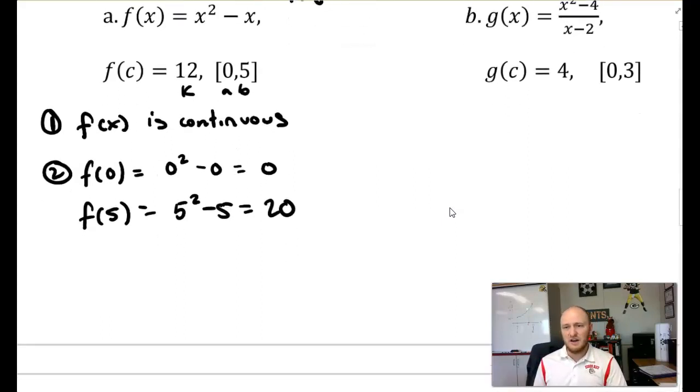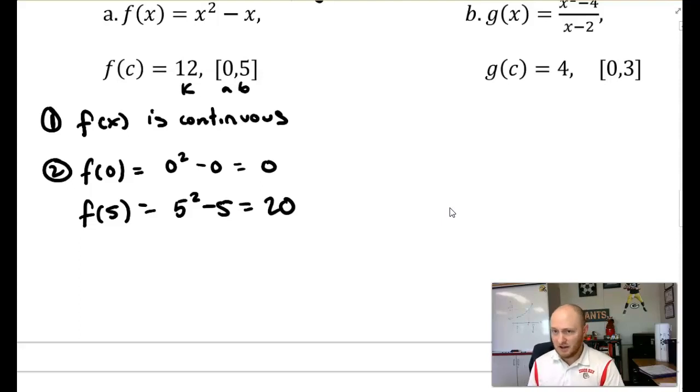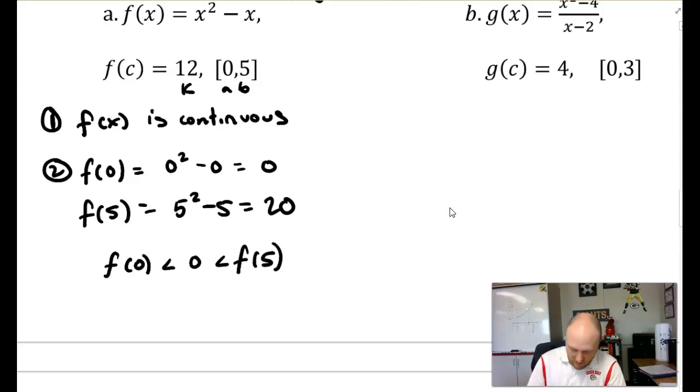So does my k value live between f of a and f of b? Well, the answer is yes, it does, right? f of 0 is less than 12, which is less than f of 5. And if you want to substitute these values in, you can go ahead and do that: 0 less than 12 less than 20.